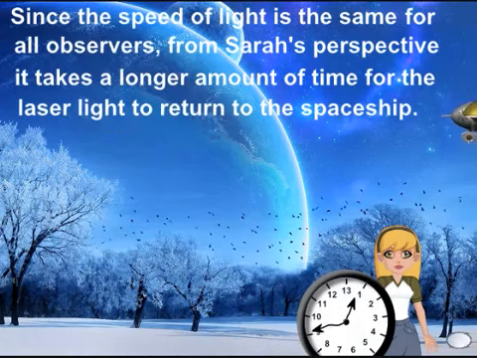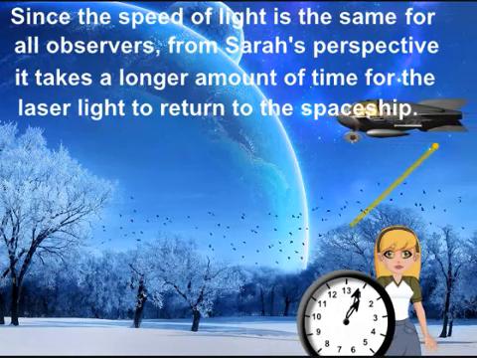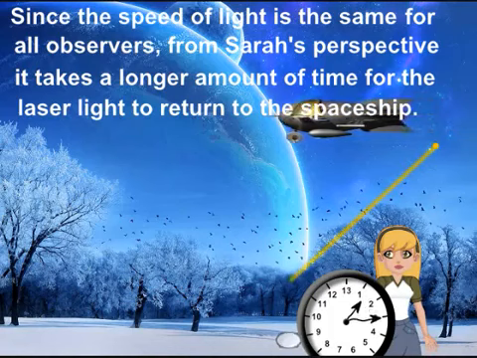Since the speed of light is the same for all observers, from Sarah's perspective it takes a longer amount of time for the laser light to return to the spaceship.